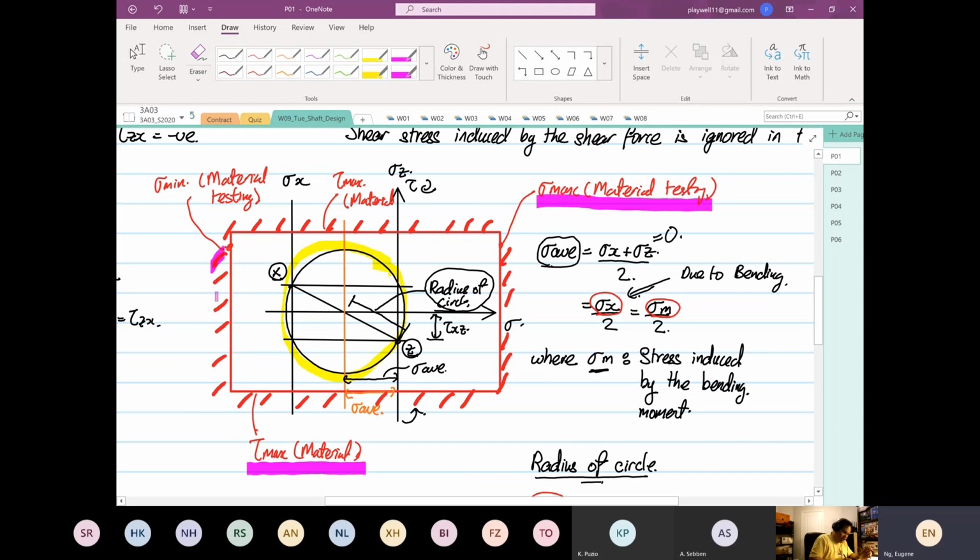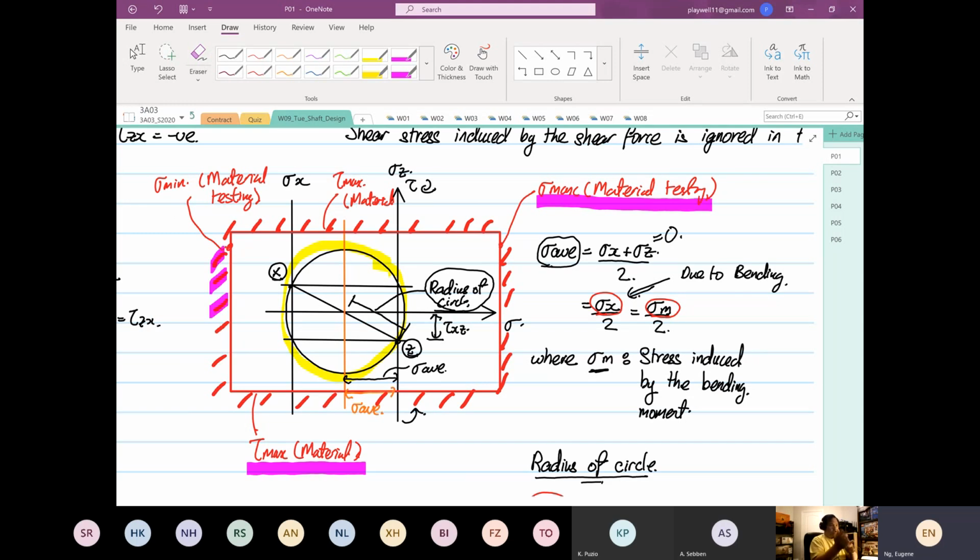If the circle happens to be bigger, or the diameter of the circle is bigger, the material will fail. If the circle is within the space of the shaded region, the material will not fail. That's how we incorporate material behavior properties into our Mohr's circle that is constructed based on structure analysis.